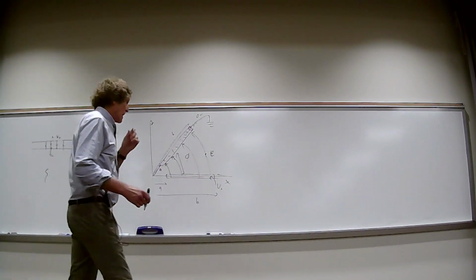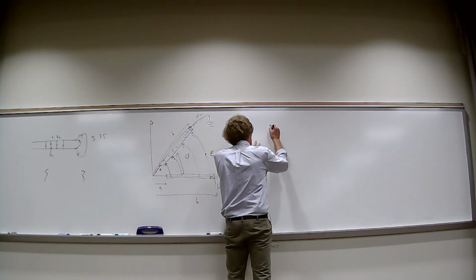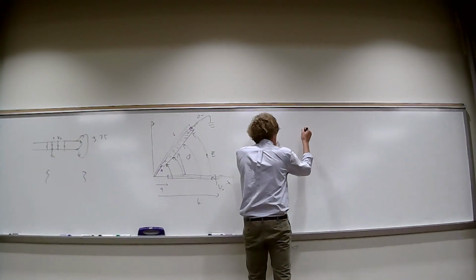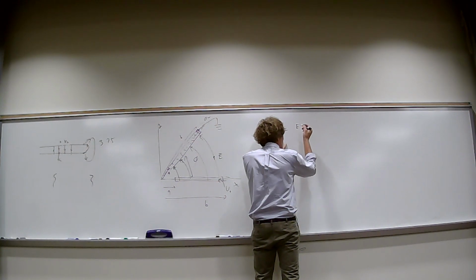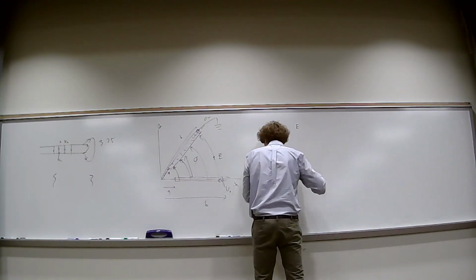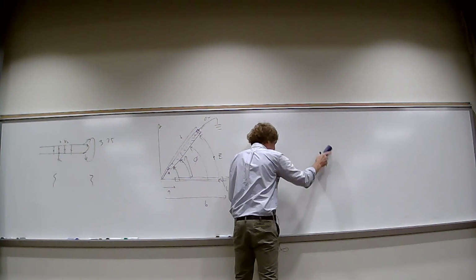So now, based on what he says, the E field is just going to be some value. Let me do it this way, because I don't want to confuse you.